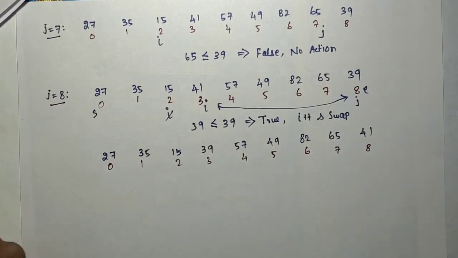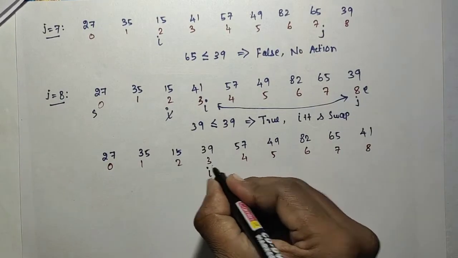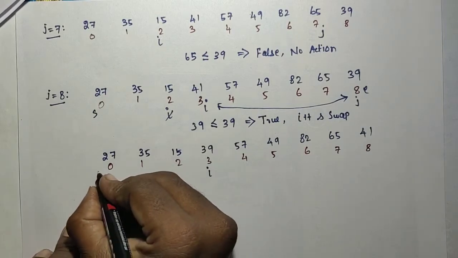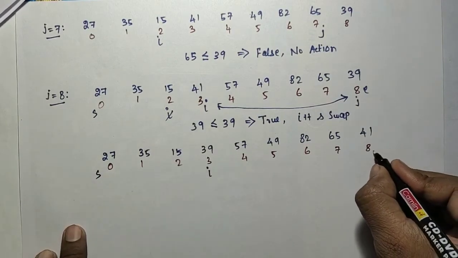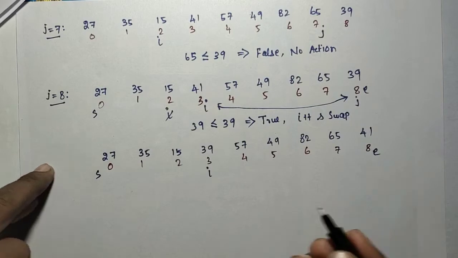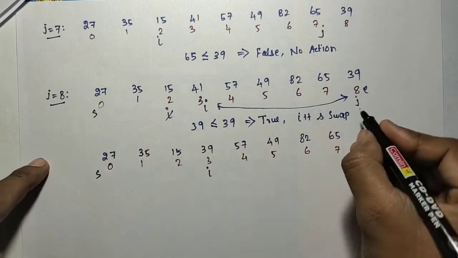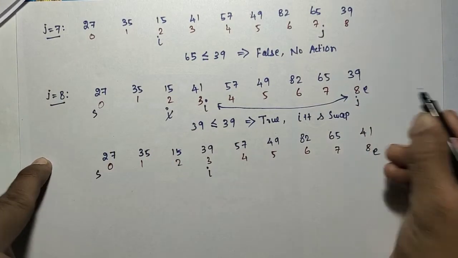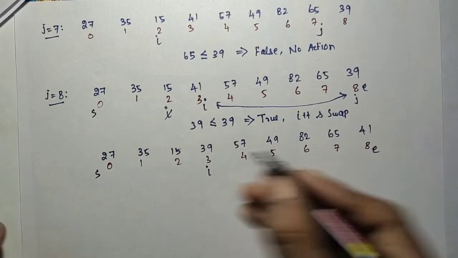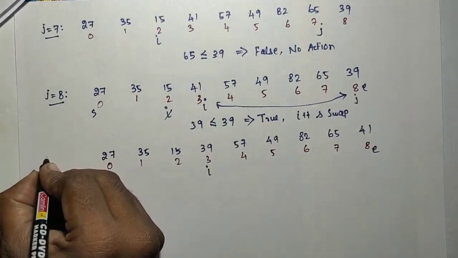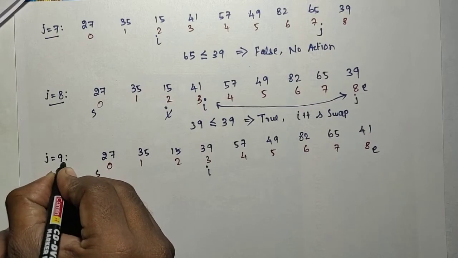And this is the current i value, that is 3. Starting index s and end index e. In the next iteration, j equal to 9. When j crosses the e, it will be stopped. So when j equal to 9, stop.